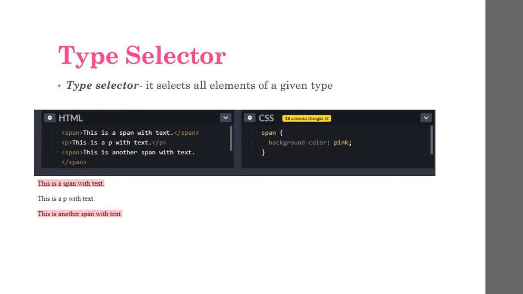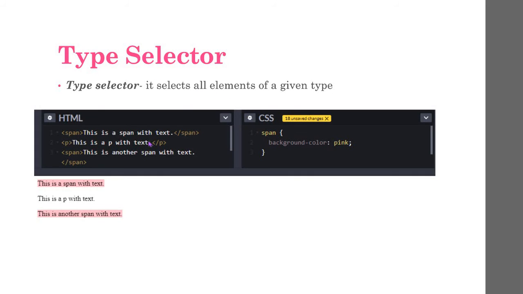For a type selector, if we want uniform styles for a specific element, for example, here in our HTML file we have 2 spans, and we want both of them to have the same styles, we can of course use this type selector.